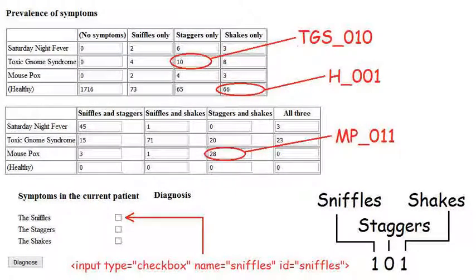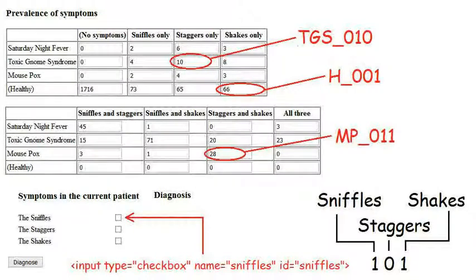The name of each field starts with the initials of the disease in question: SNF, TGS, MP, or H for the last line, indicating healthy, plus the combinations of symptoms encoded as a 3-digit binary number. First digit is 1 if the symptoms include the sniffles, or 0 if not. The second digit is 1 if the symptoms include the staggers, and the last digit is set to 1 if the symptoms include the shakes.